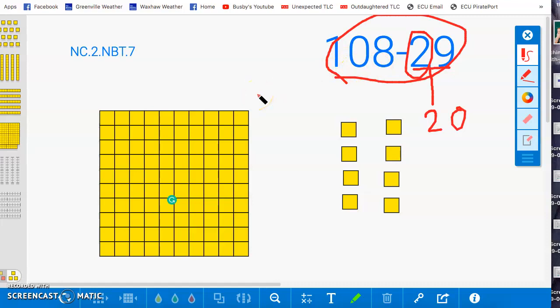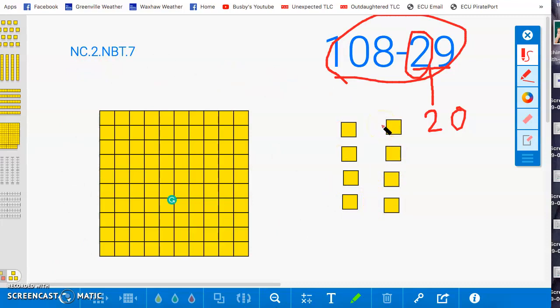So what about 108? 108 is this 100 block and these 8 cubes. There are 100 little cubes that make one base 10 block, and then there's 8 off to the side, little tiny cubes.